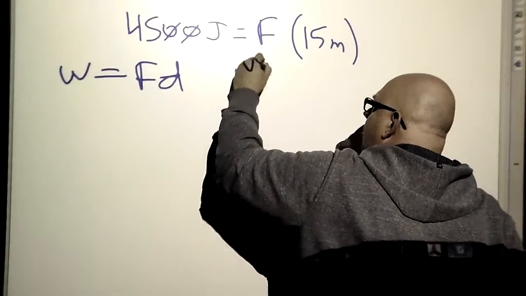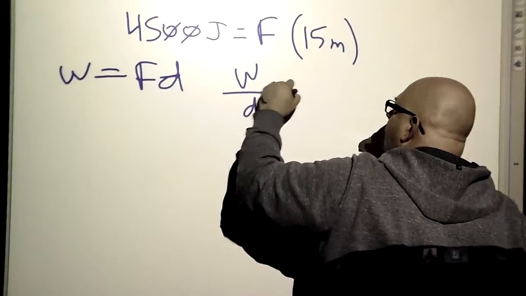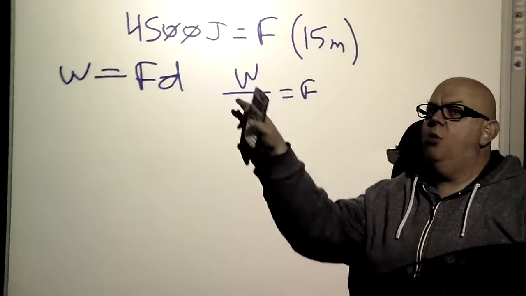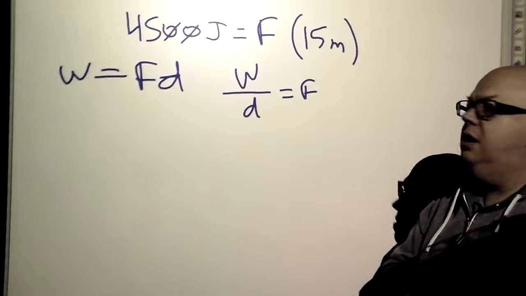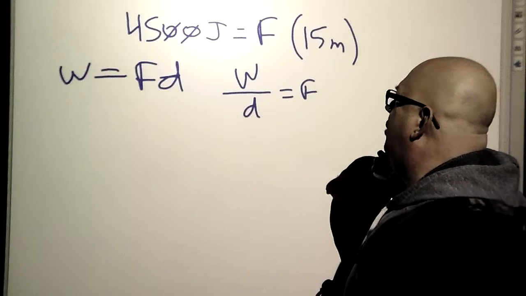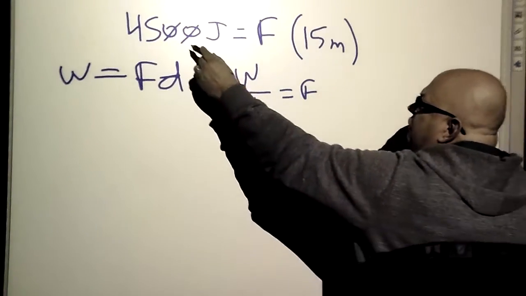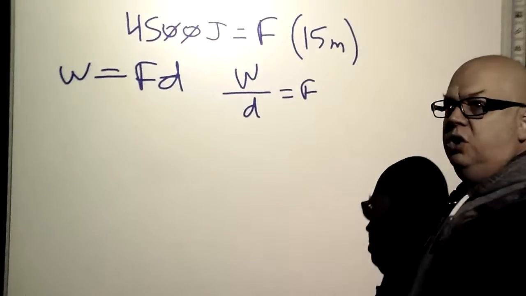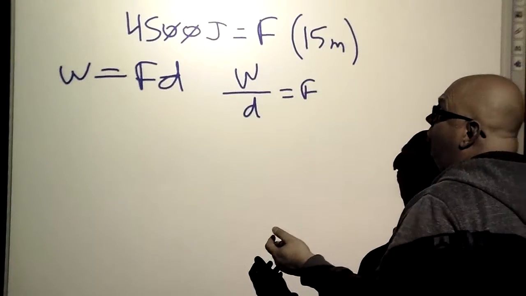So I could say work divided by distance will give us the force. Now, notice I went ahead and I did that with the formula before I plug in the numbers. Now, for some people, they would say, I don't go that way. All right, some people just go ahead and do this and say solve for F. And you can do that. But either way will work.